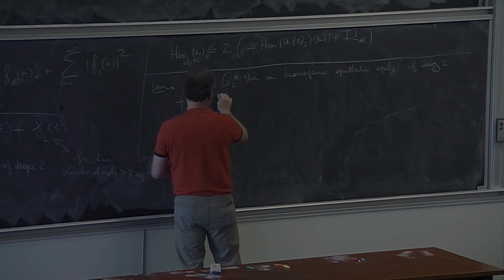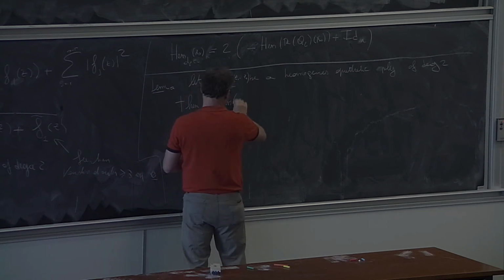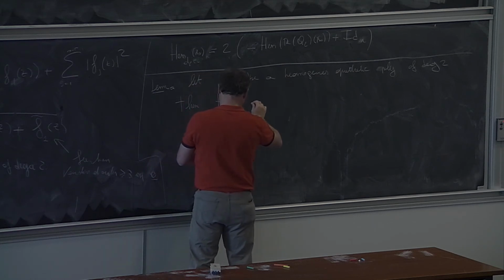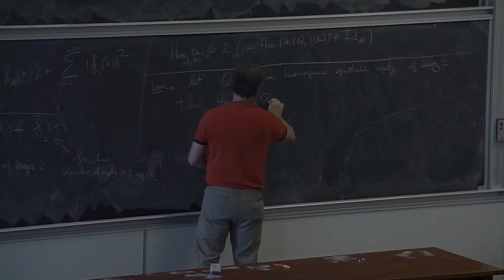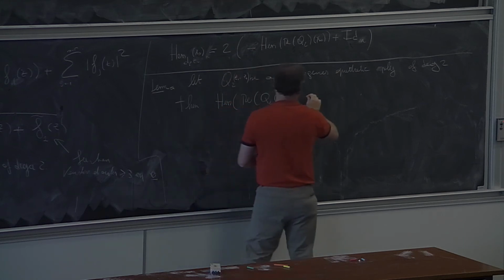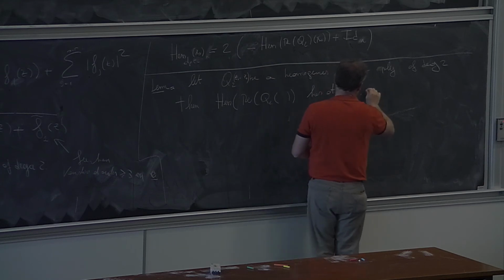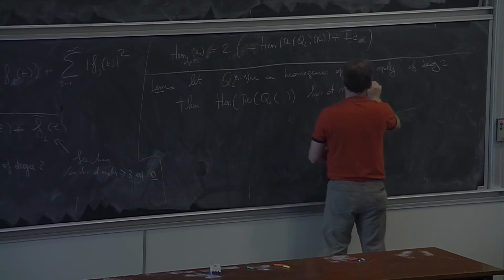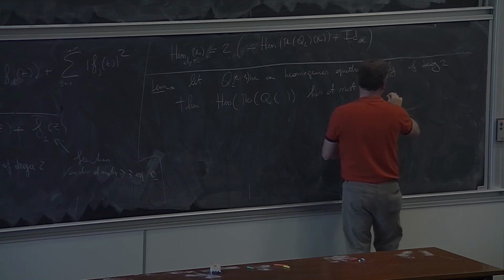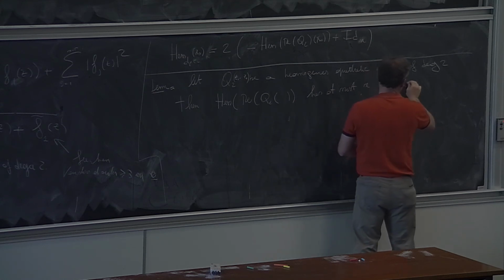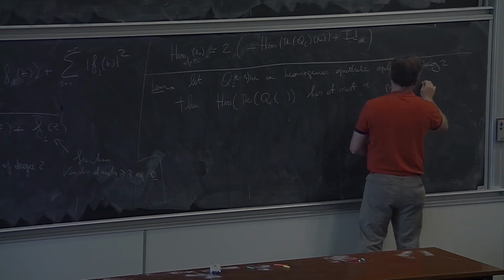Then the Hessian of the real part of Q2 has at most n positive eigenvalues.